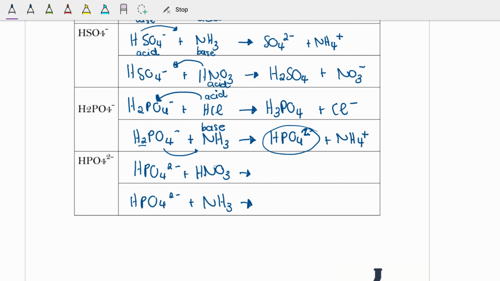This will act as your base, so it's going to grab a proton to become H2PO4 minus, and the nitric acid will just become a nitrate ion.